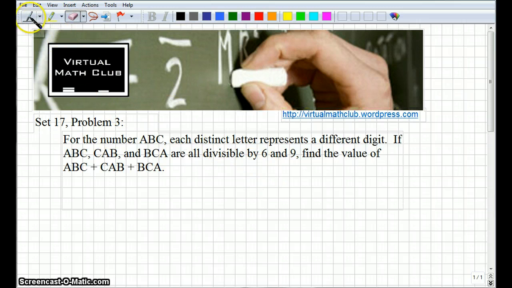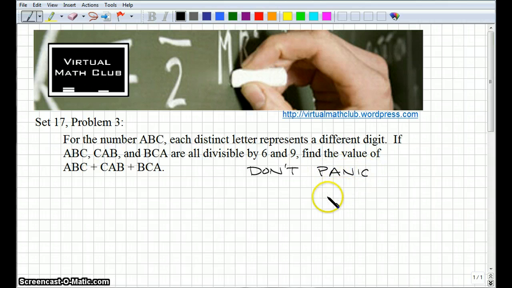It doesn't look like you have enough information here to figure this out. It looks like a pretty tough problem. But my advice is don't panic. I think maybe I should call this The Hitchhiker's Guide to the Galaxy.